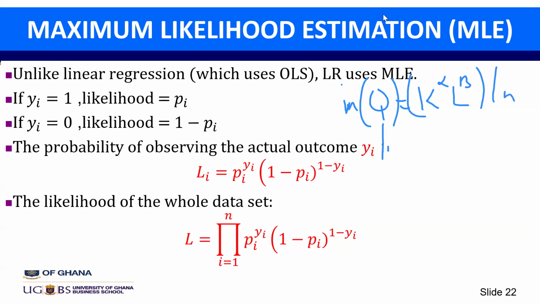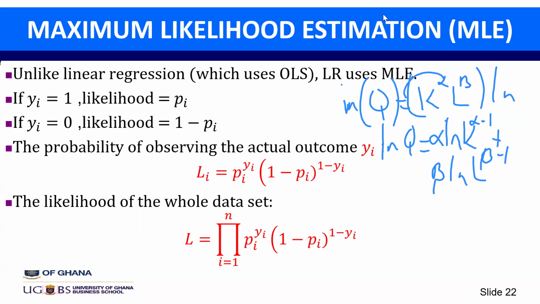So you're going to have ln Q equals to, then you bring this one here. So you have alpha ln K. Then you come to the beta. So you do plus beta ln L. So this linearizes the function. When you take the log, what you do is that you linearize the function.